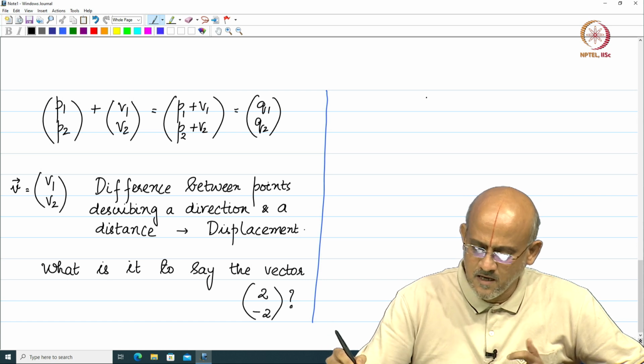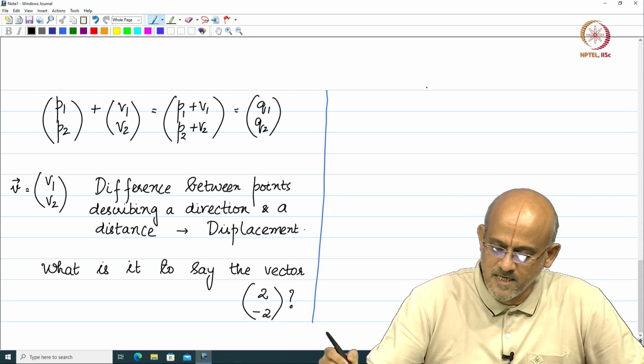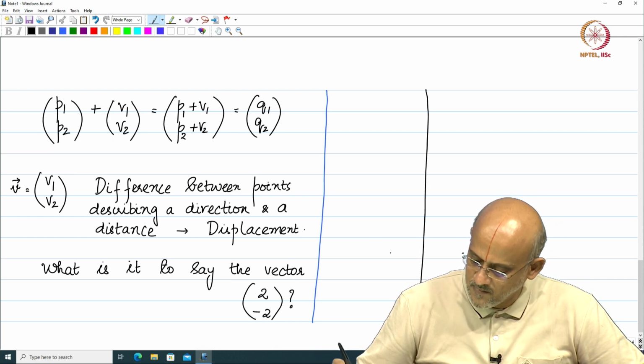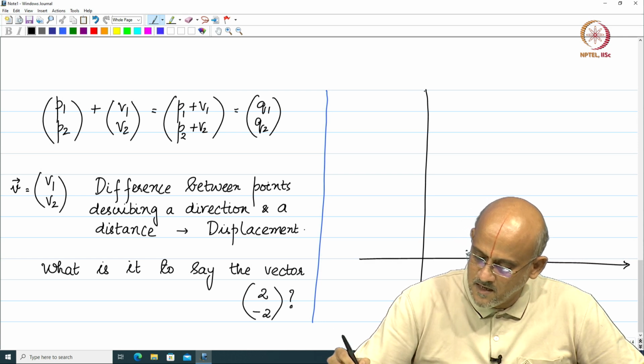So, let us again take the help of visualization and see what it actually means. Consider this. I am not even going to look at what kind of coordinate system. Let us take this, say 0, 1, 2, 3, 4. Let me mark these coordinates.